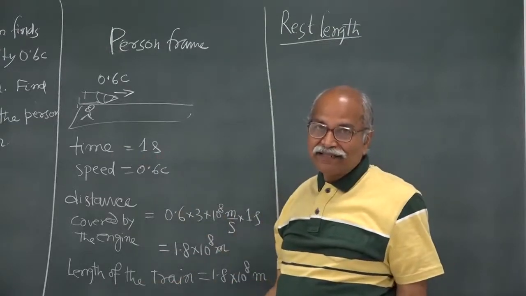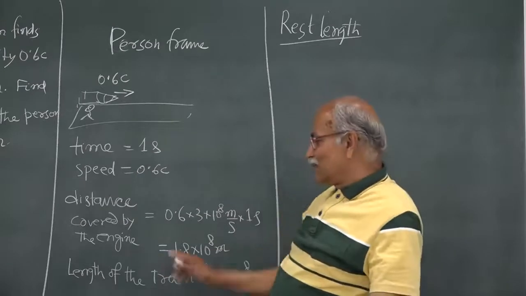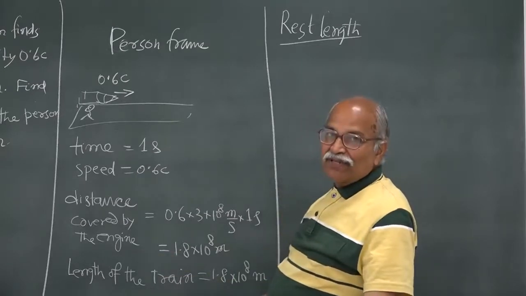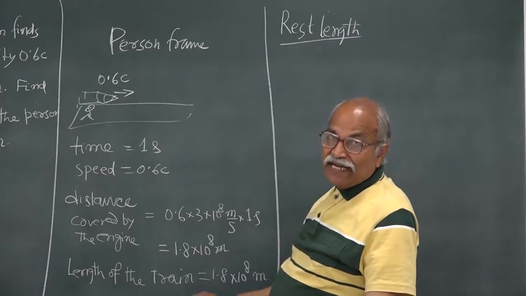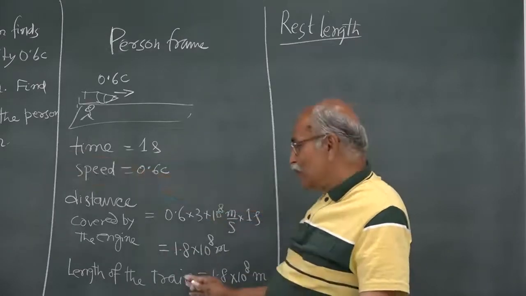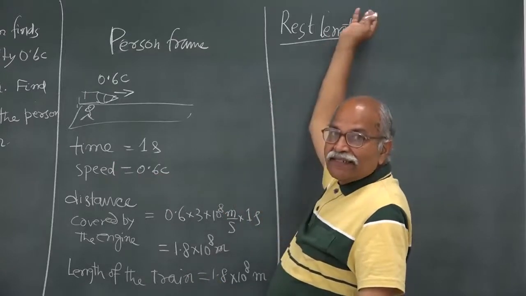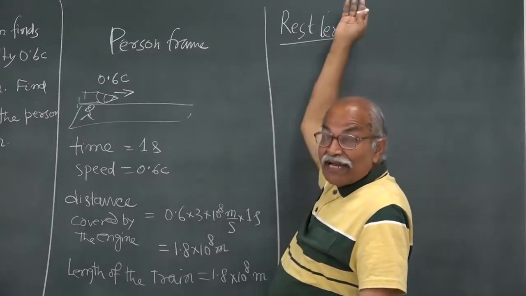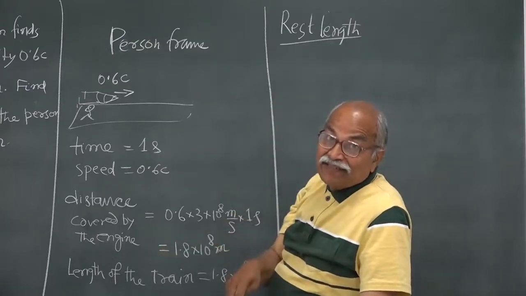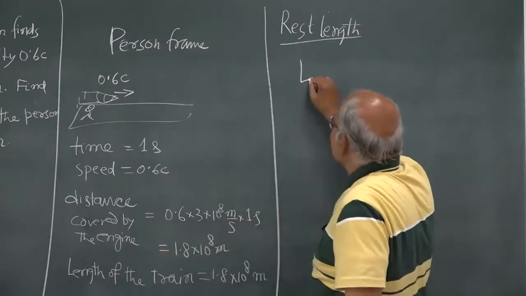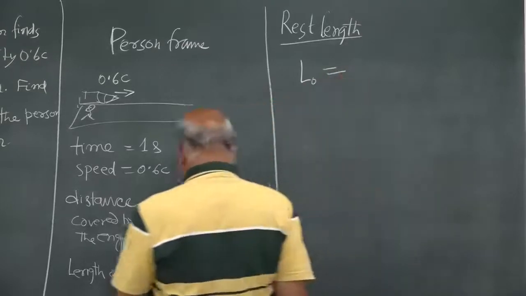And this is the moving length, because this is with respect to the platform, with respect to the person, and the train is moving. So, this is the moving length and this is the rest length from the train's frame, and rest length is always larger than the moving length.